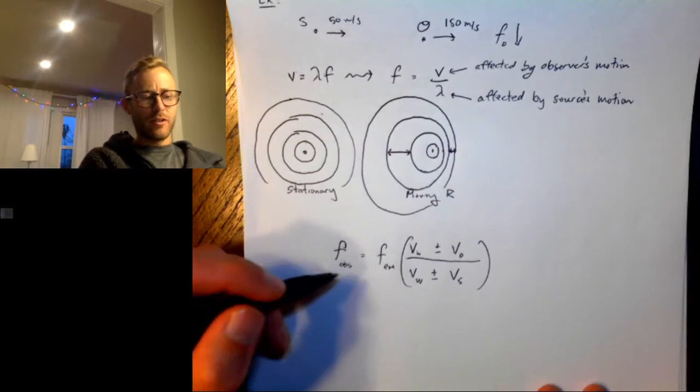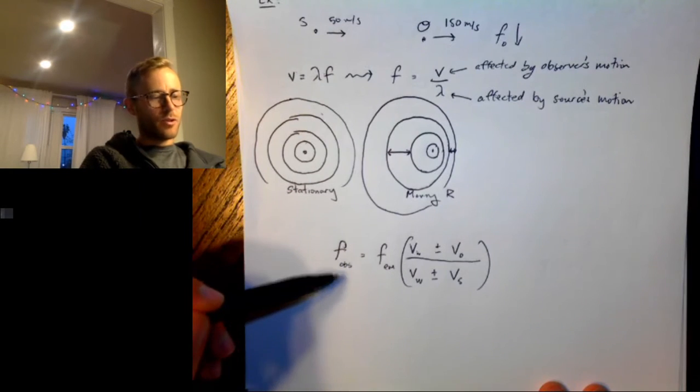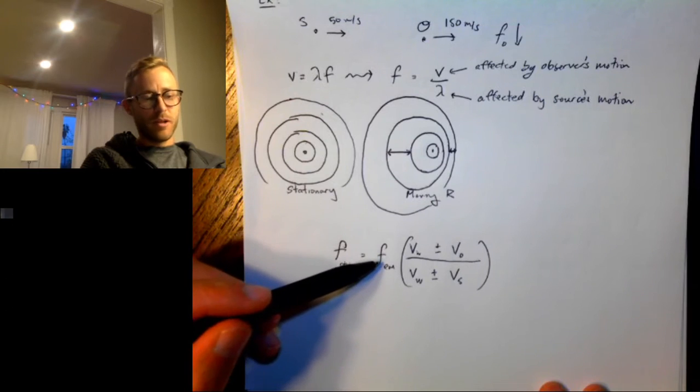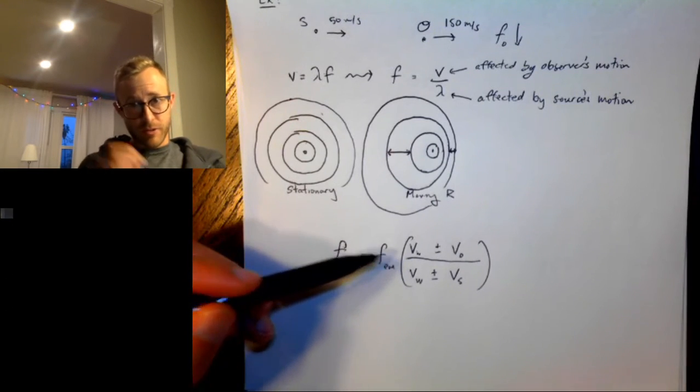So basically the observed frequency is the emitted frequency times a correction factor.